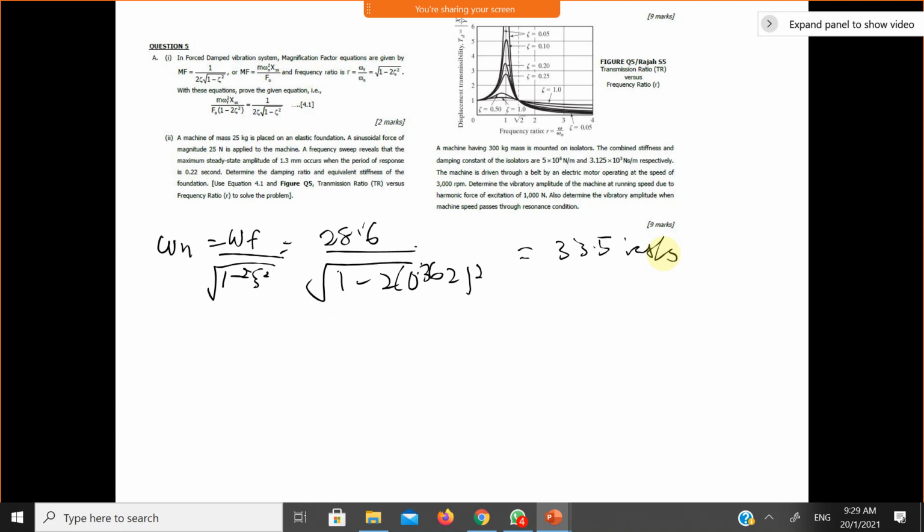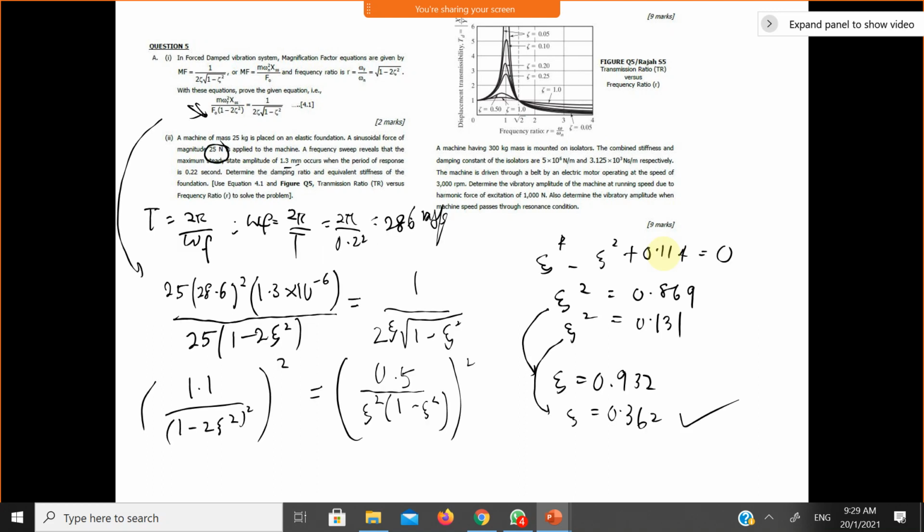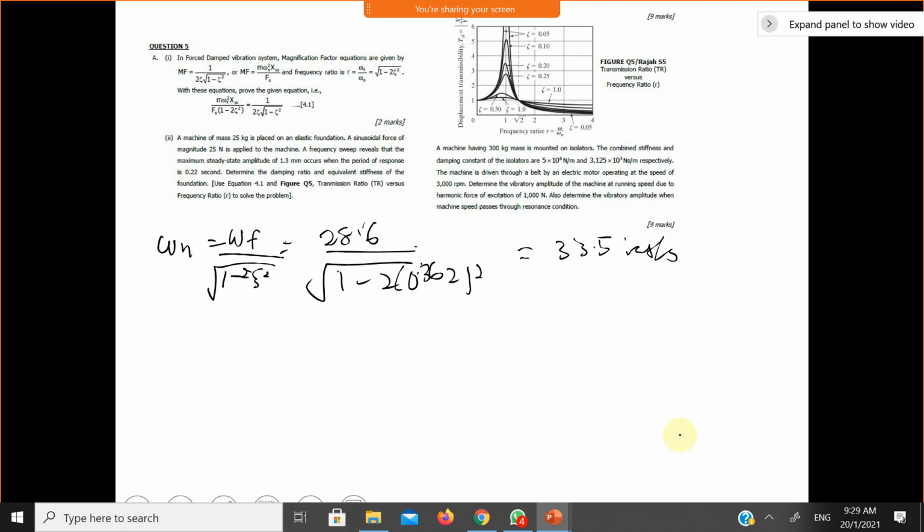Alright, so once we have omega n, what does the question ask for? Damping ratio. Wait, what is damping ratio? Zeta. This is the zeta we got. And then the equivalent stiffness of the foundation, we find K. To get K, yes, we need omega n, because we have a formula: K equals M omega n squared, isn't it?